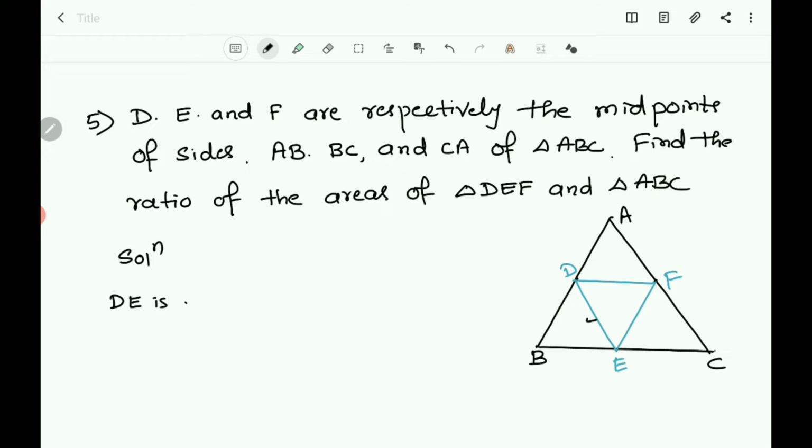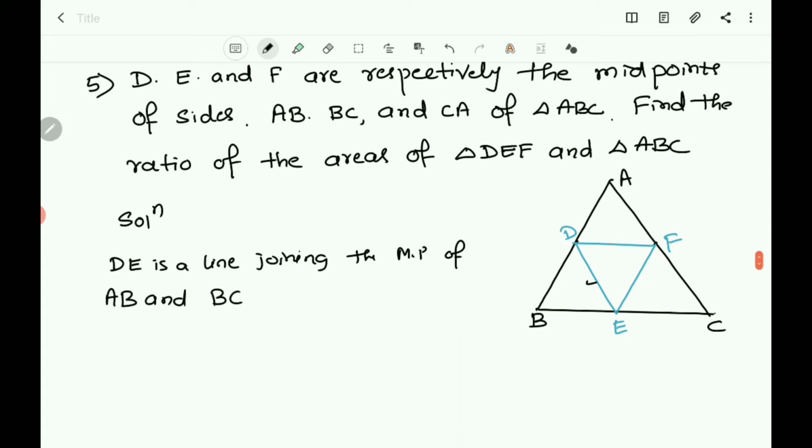DE is a line joining the midpoints of what and what? D is a midpoint of AB and E is a midpoint of BC, so AB and BC.